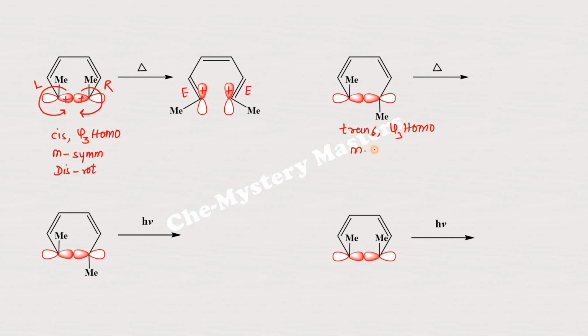We all know that the symmetry present in the 1,3,5 hexatriene molecule when it opens will be M symmetry, and this rotation is present. So again the rotation will be in opposite direction. It is somewhat like this. If one moves on the left hand side, the other moves on the right hand side. Along with them the methyl group will also move. As the methyl group moves along with the orbital, it will take EG type of formation, somewhat like this.